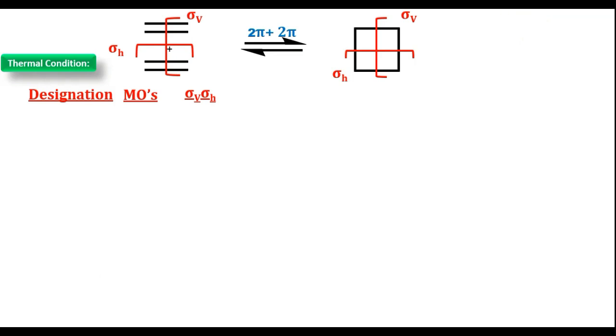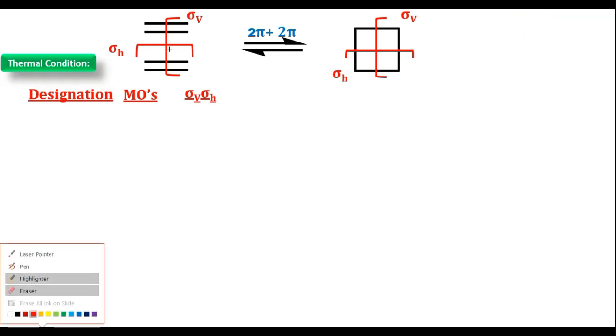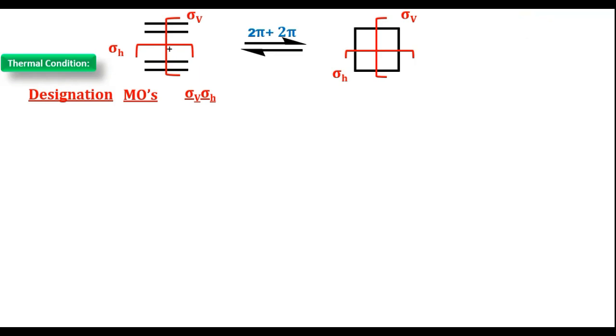Before that, here you see the ethylene molecule. Ethylene has two molecular orbitals, psi 1 and psi 2.